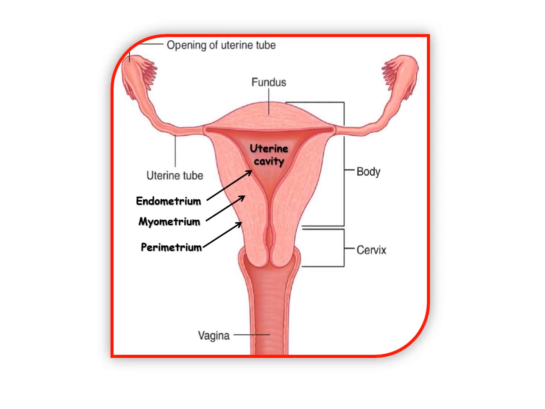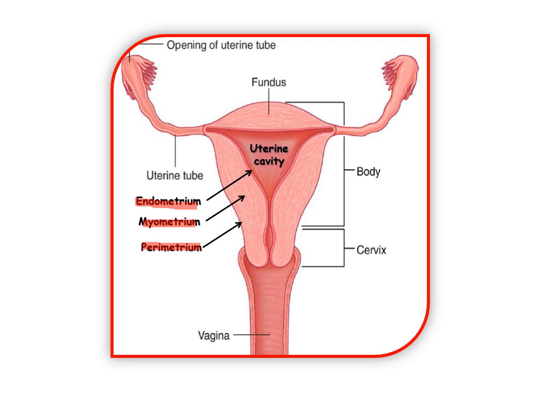Regarding the structure of the body histologically and anatomically, the wall of the body of the uterus is composed of three layers. These three layers from inside to outside are the endometrium, myometrium, and perimetrium.